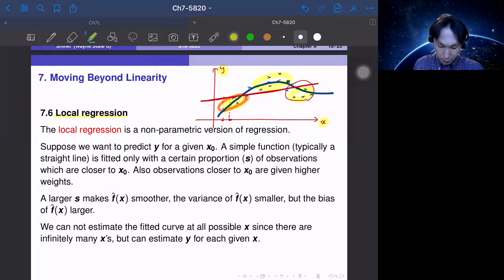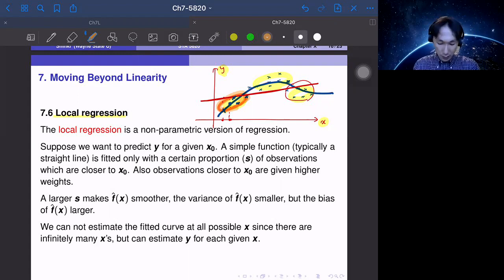But if we use only local information, so suppose that we have this point and this point, if we use local information to fit the data, then we have a more accurate estimate for the observations around here, this orange circle.